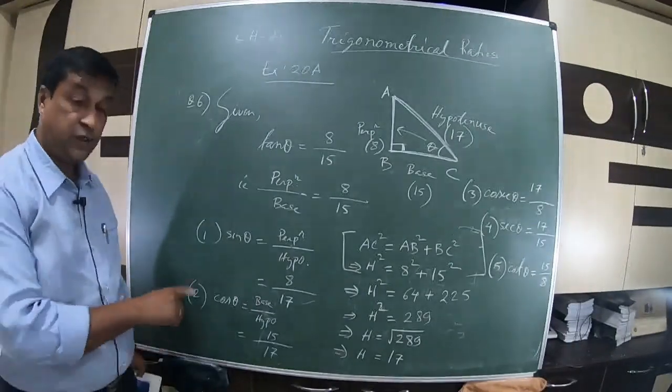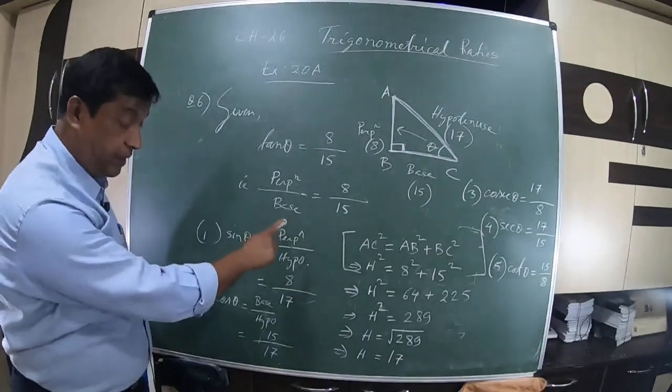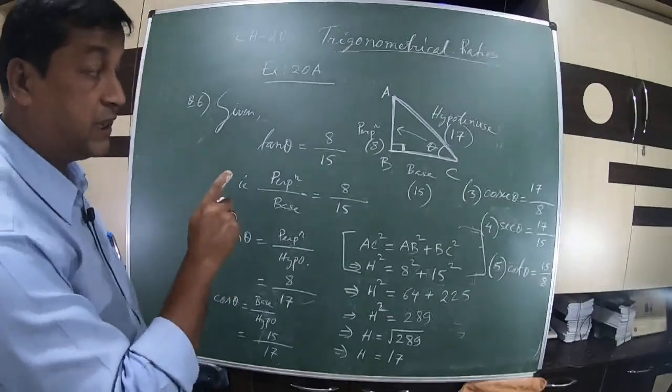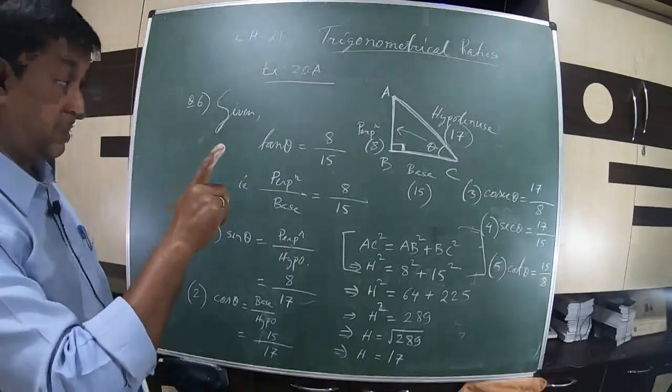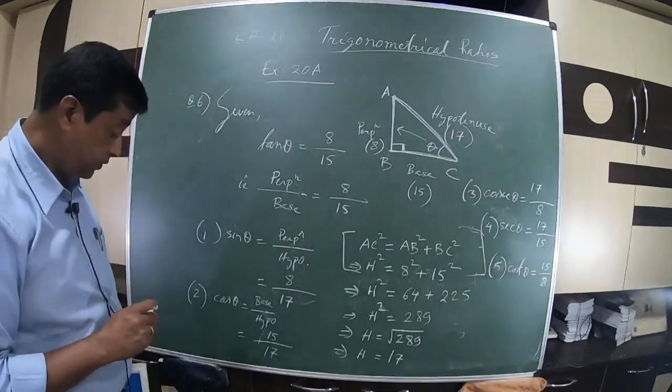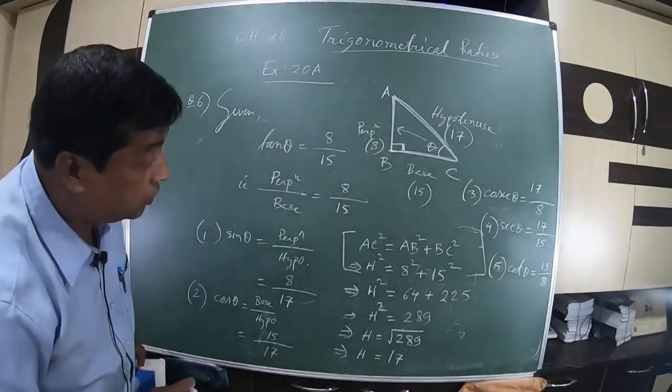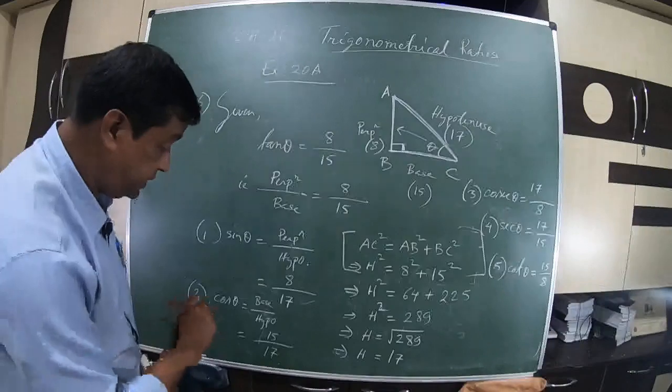So first of all sin theta I have taken, that is perpendicular by hypotenuse. From the diagram, the perpendicular value is how much? 8, hypotenuse value is how much? 17. So 8 by 17. Again cos theta, base by hypotenuse. So what is the value of base here? See in the diagram, that is 15.